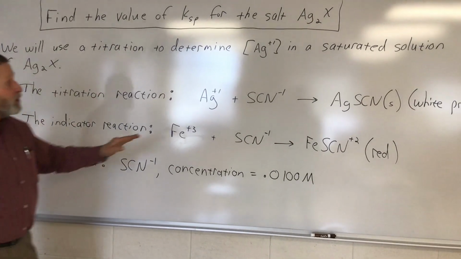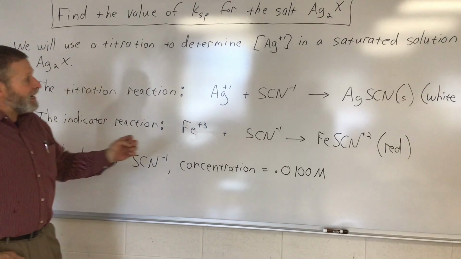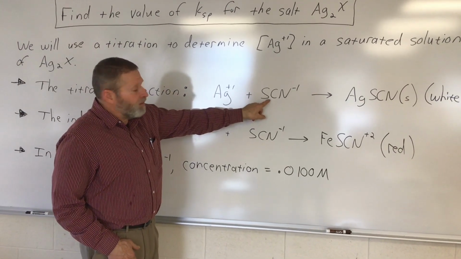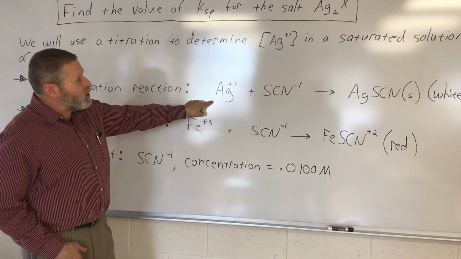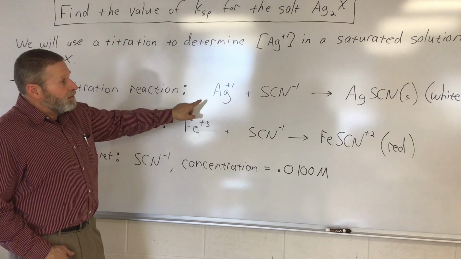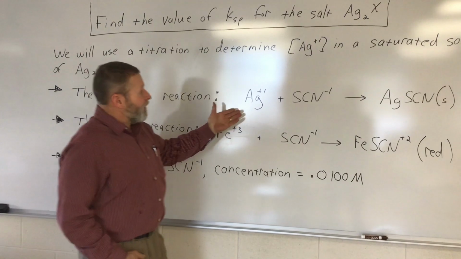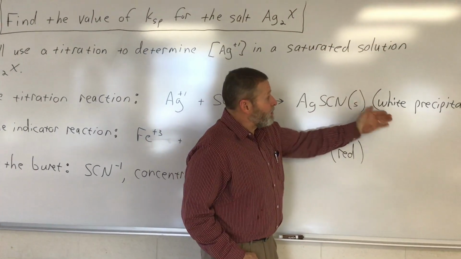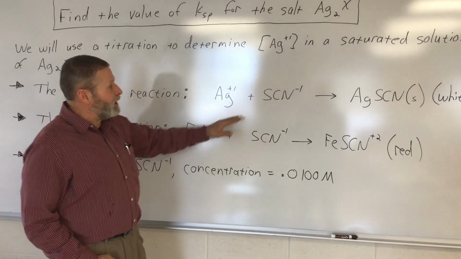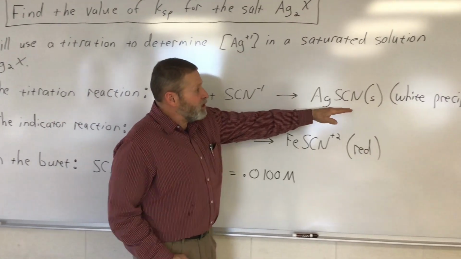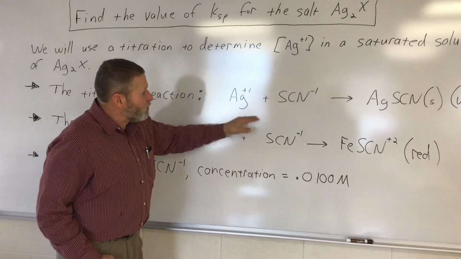So you have to know where the end point is: when have I added just the right amount of thiocyanate to match the moles of silver? We're going to use an indicator to help us with that. Since the thiocyanate makes a white precipitate, the farther past the end point you go, the more white precipitate you see, but what you want to know is when these moles equal each other.